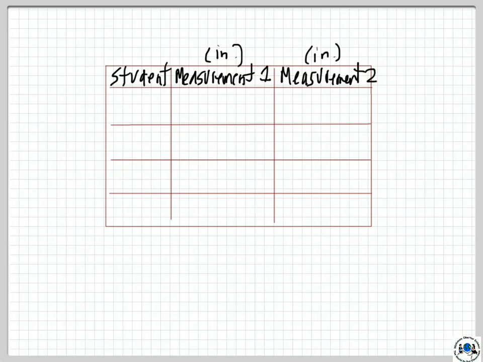Now, an interesting thing about screen size measurement, if you didn't know this already, a computer screen size is actually measured diagonally. Okay, this is your screen size right here.